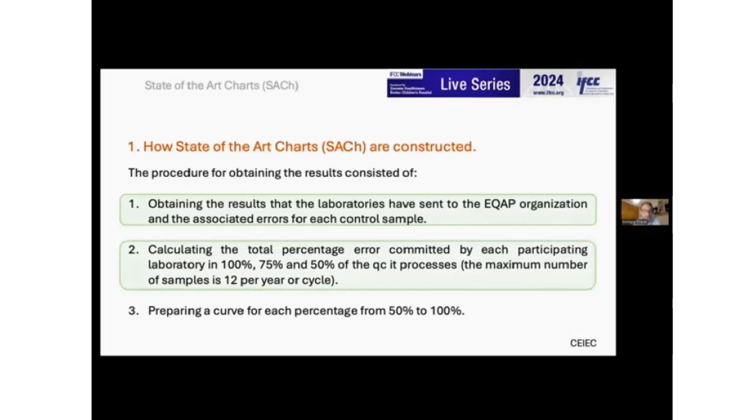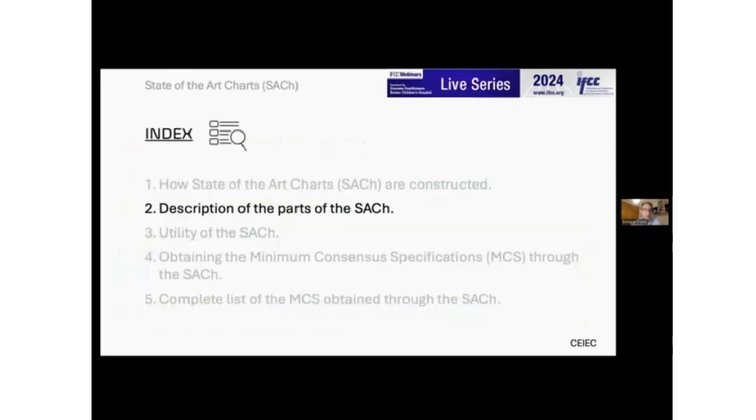Once we have all these errors, we can calculate the percentage of the total error committed by each participant in 100% of the control samples they process, 75% or 50%, considering that most of the time, as my colleague Jorge mentioned earlier, we usually have 12 cycles per year, because these cycles are monthly. From there, we can construct graphs from 50% to 100%.